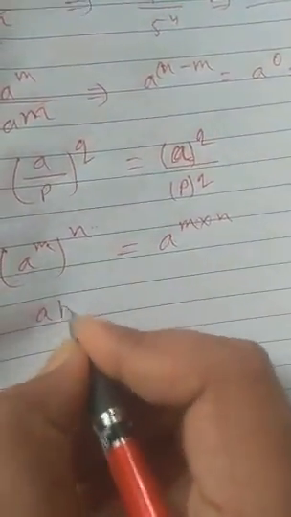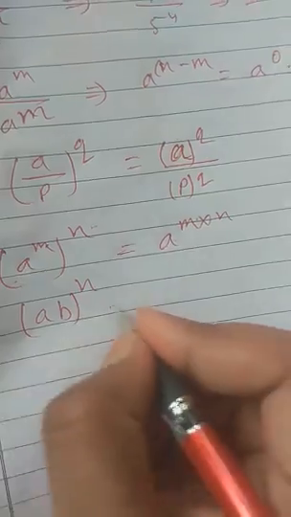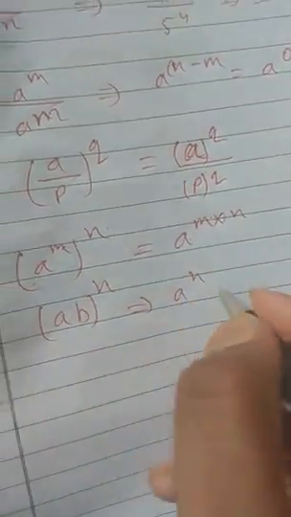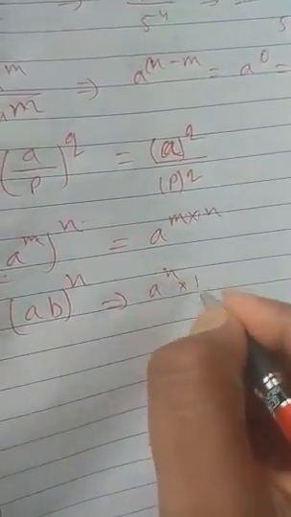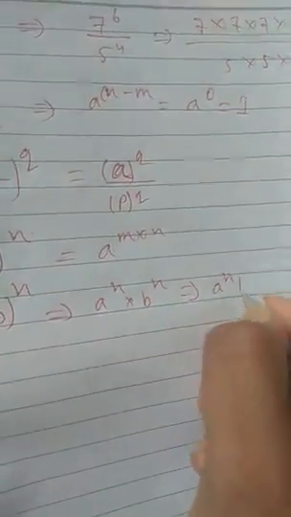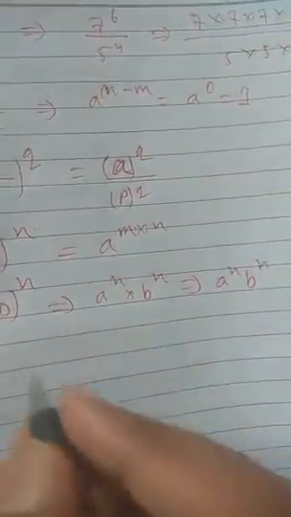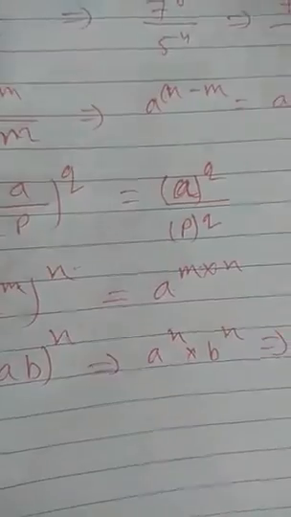If we have ab whole power n, this will result to a power n and b power n, or we can write directly a power n b power n. If we have a by b whole power something, that power can be transferred to both the portions.